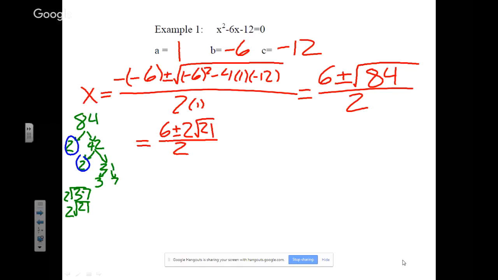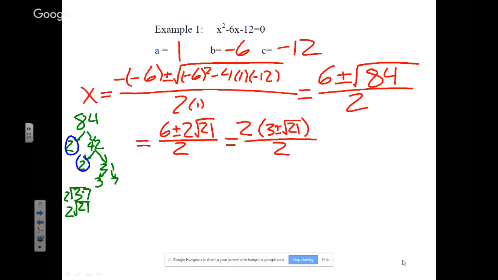So the way we can simplify this just a little bit more is we know that 6 is divisible by 2 and 2 is divisible by 2. So we can factor a 2 out of what's here on top. So we get 2 times 3 plus or minus the square root of 21, and that whole thing is divided by 2.